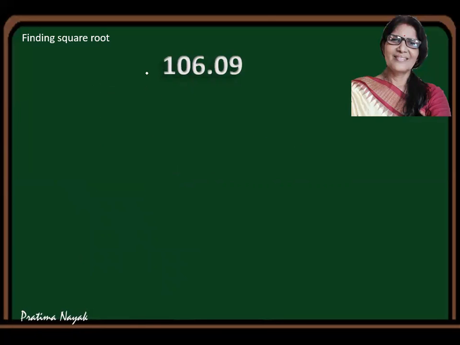Now if it is the square root of 106.09, it will be 10.3, because the square root of 10609 was 103. When there are 2 places after the decimal, its square root will have 1 place after the decimal, but the digits will be the same, 103.